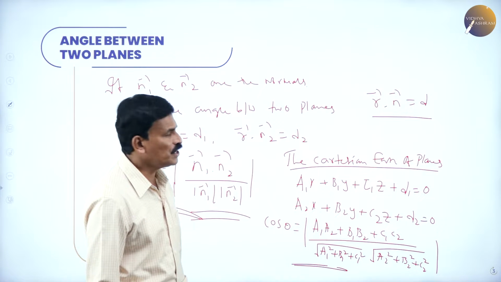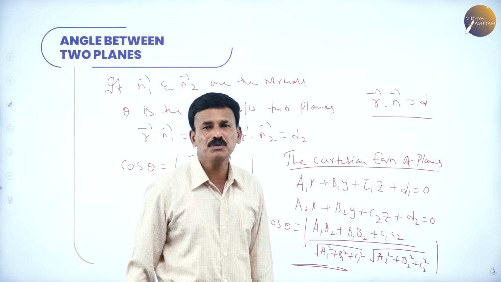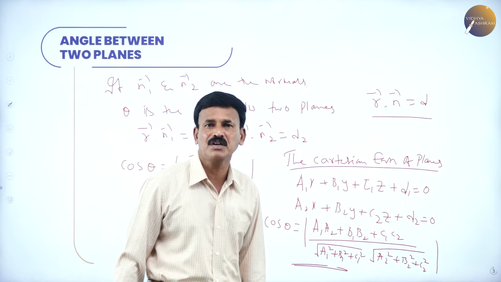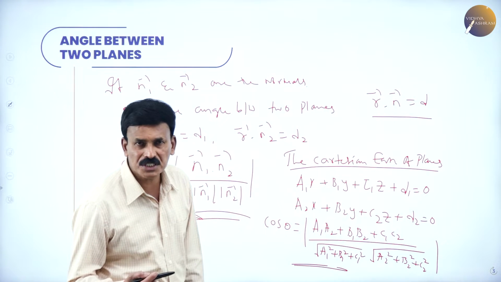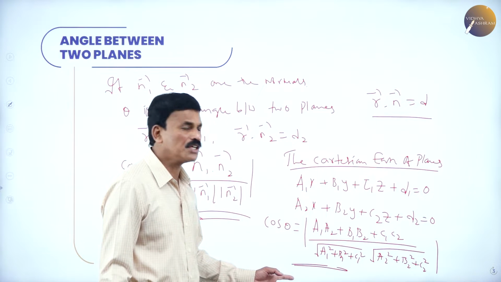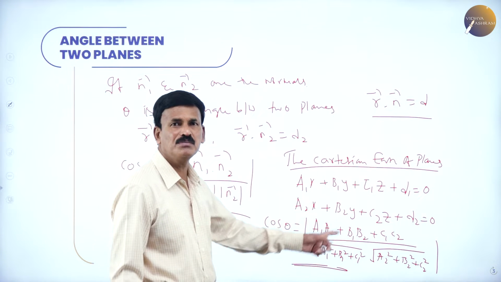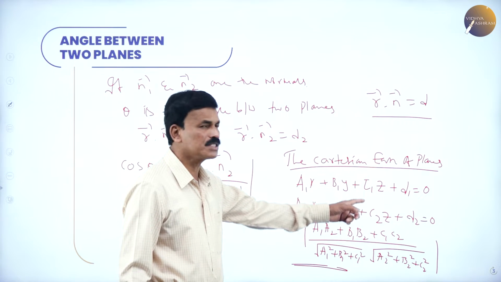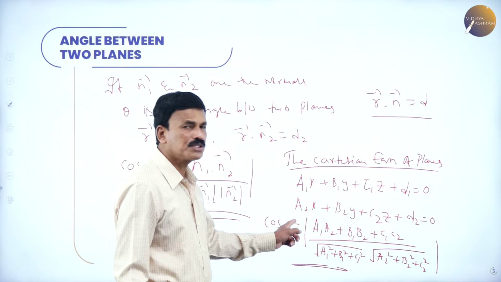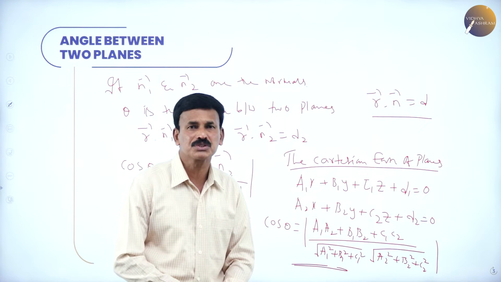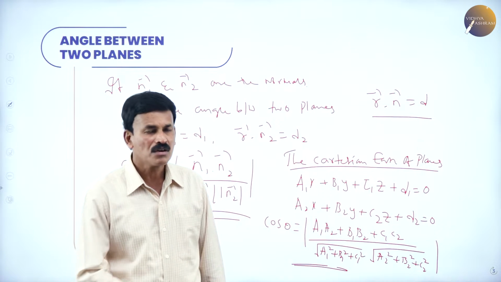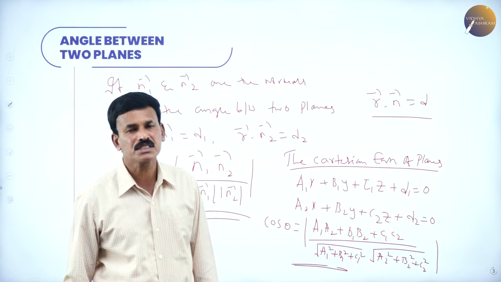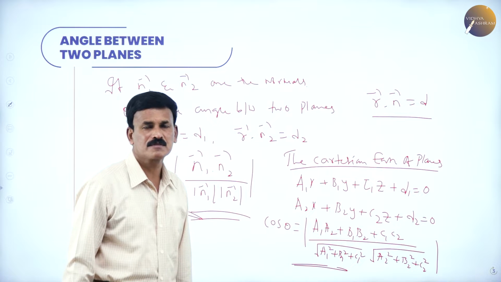Then if a1, b1, c1 and a2, b2, c2 represent the direction ratios for the normals n1 and n2, the angle of intersection between them is given by cos theta is equal to a1 a2 plus b1 b2 plus c1 c2 divided by square root of a1 square plus b1 square plus c1 square into square root of a2 square plus b2 square plus c2 square. So thus, using these two formulas, we are going to find the angle of intersection between the two planes.